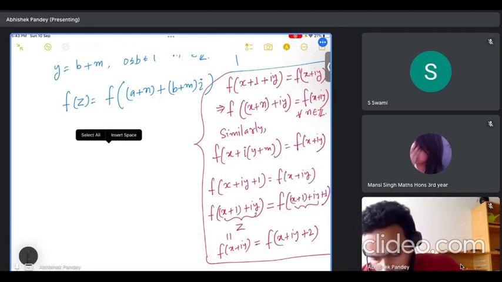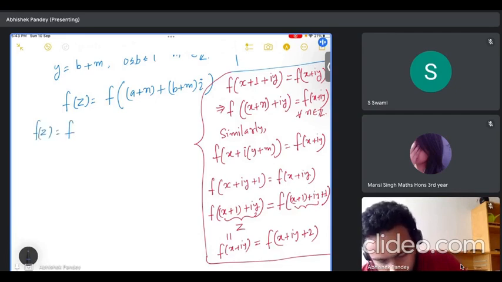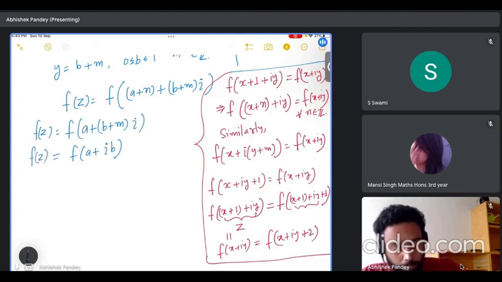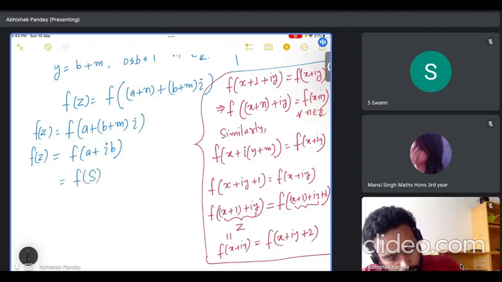Now we can write f of z as f of a plus n plus iota times b plus m, and now this one we can write as f of a plus iota b. And this a plus iota b will be in S. So basically a runs in 0 to 1, b runs in 0 to 1.